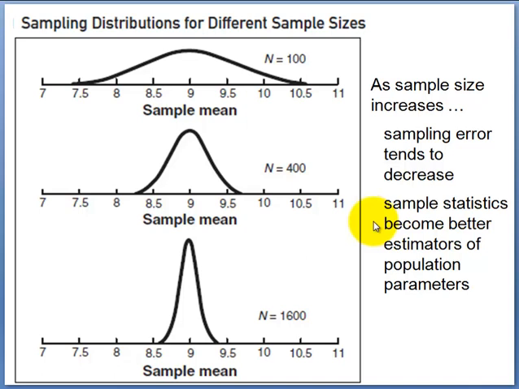Now, in actual research, you're going to take only one random sample. And in actual research, you won't know the population mean. So in actual research, you won't know the exact sampling error.